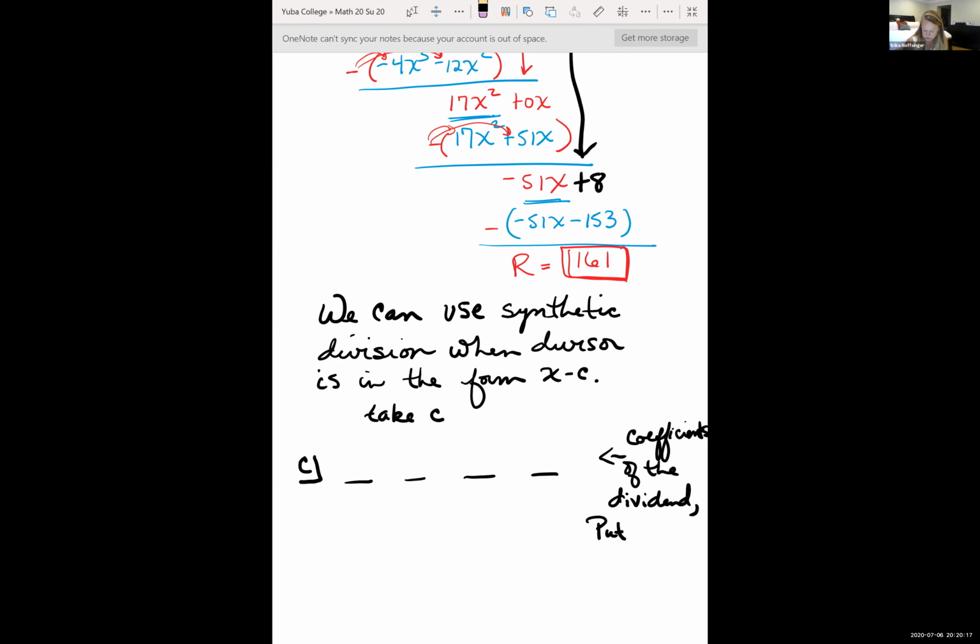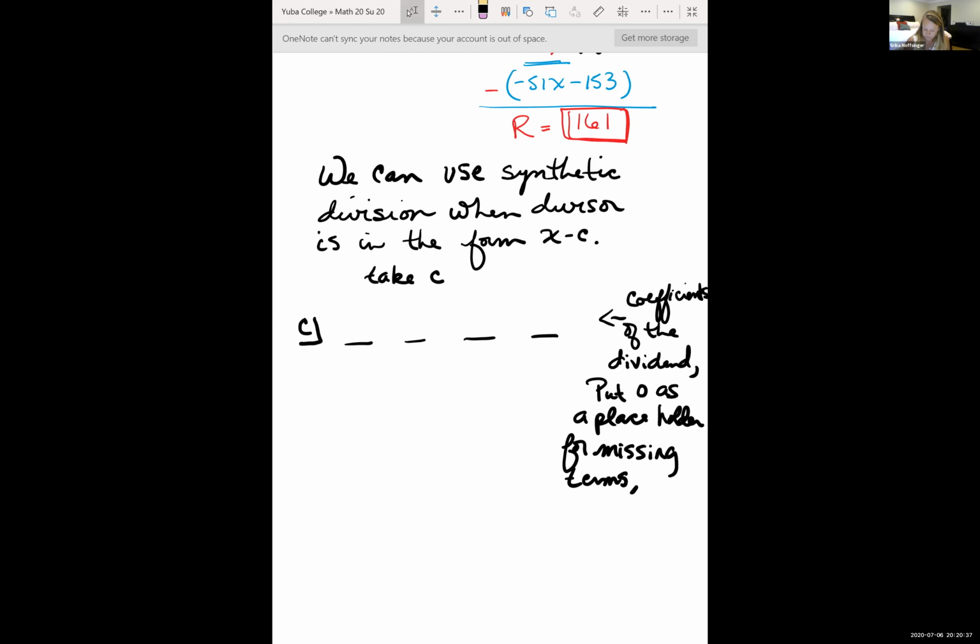Put 0 as a placeholder for missing terms. And this also has to be in descending order of powers. So list the coefficients of those terms in descending order of powers.